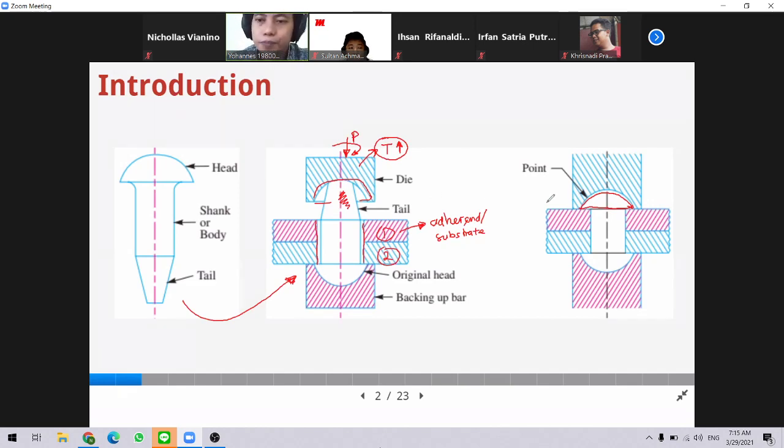Okay, so that's how the rivet is used to combine or clamp the mechanical parts.